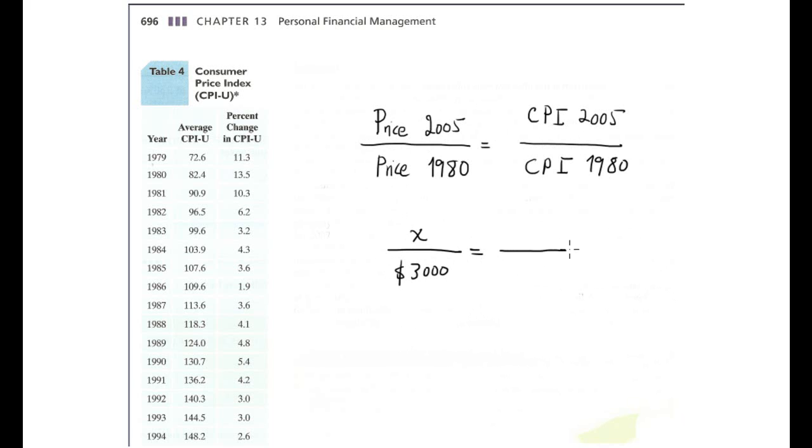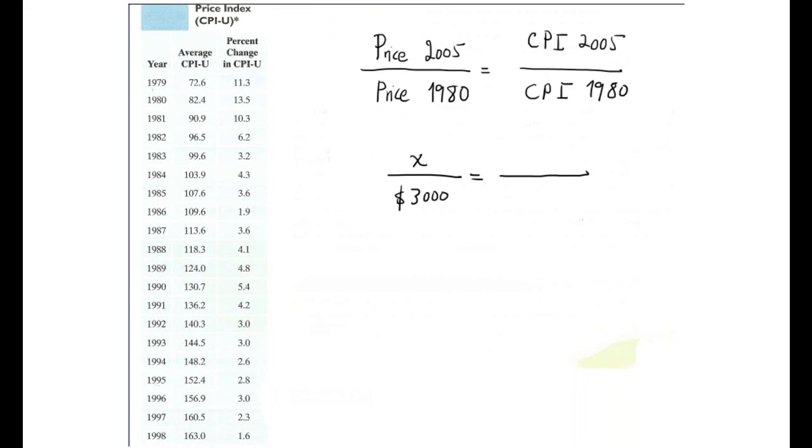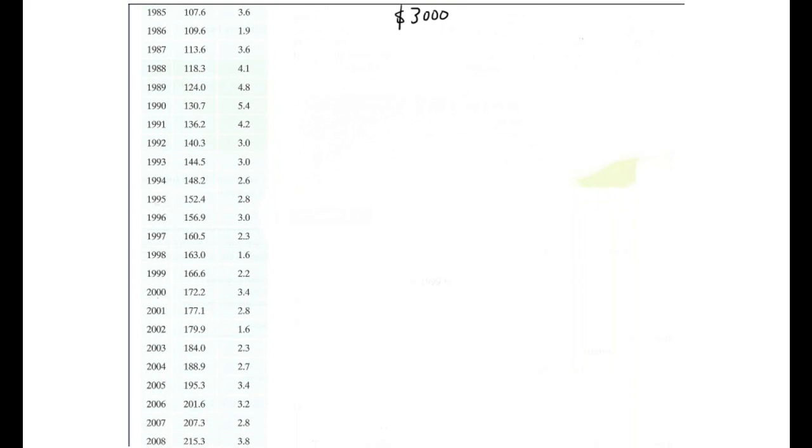To find the CPI, you go to this table, which is located in the book on page 696. The CPI in 2005 is here.